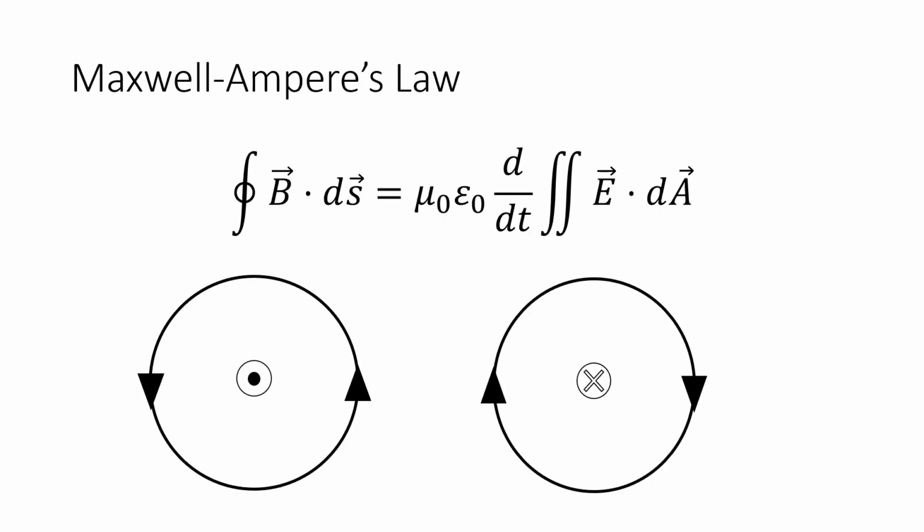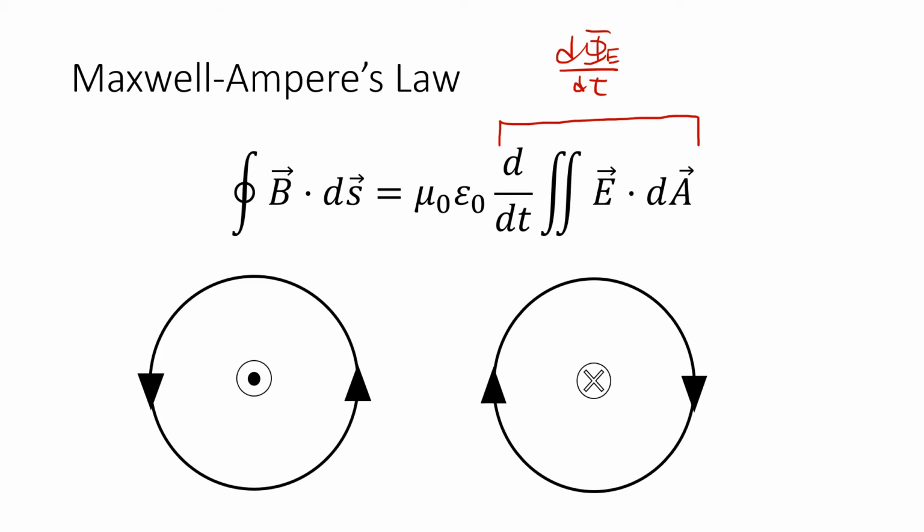So now, specifically with respect to Maxwell-Ampere's law, in this video, because we're talking about the math, I'm just going to be talking about the displacement current side. So this is d flux E dt, and how these two integrals relate to each other. In general, with Maxwell-Ampere's law, you first have to know the direction or the shape of B before using this law.